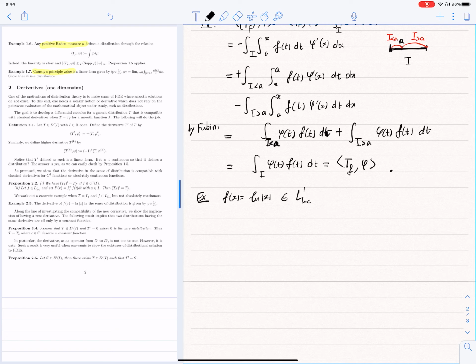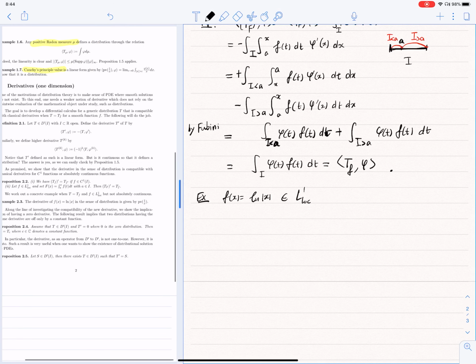So we do not know a priori what it is. What is the derivative of this function, this L1 log function? So the claim is that the derivative of this is given by the principal value that we have worked out in the beginning.